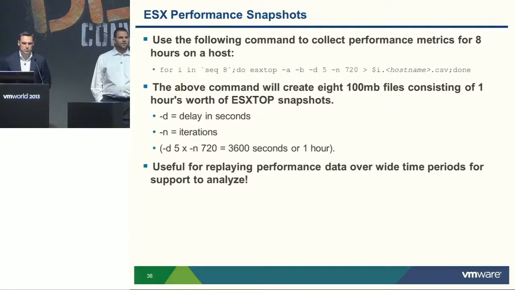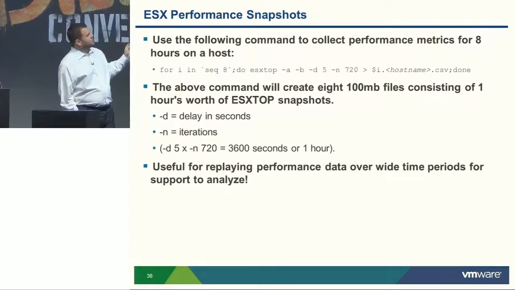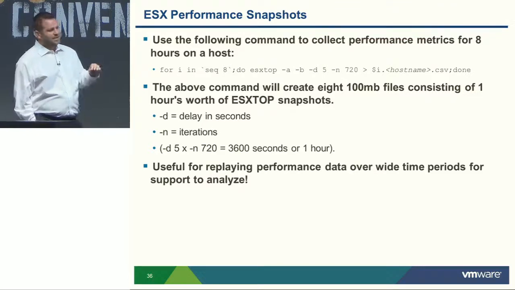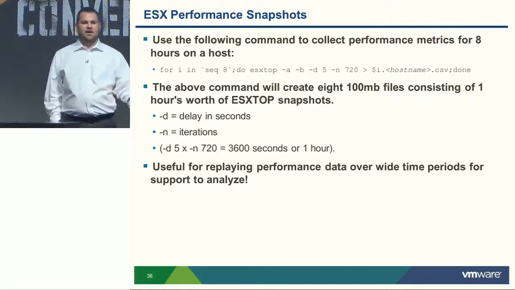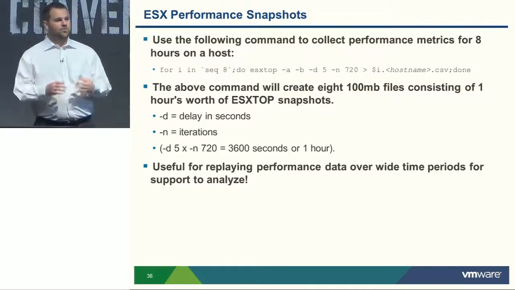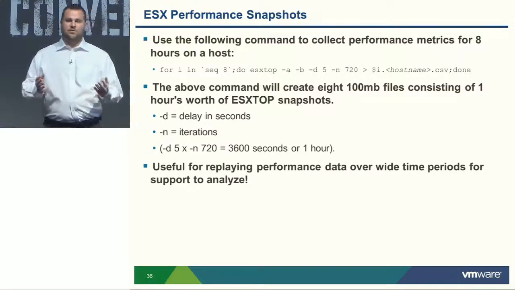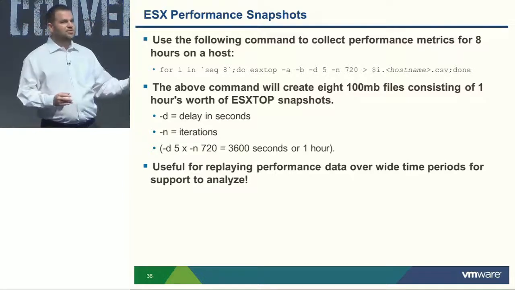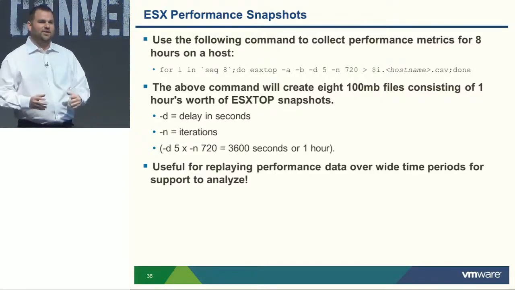So this is a query, an actual script that you can run in ESX. Something that I like to share with people is if you have performance issues at odd times, such as night, or you're a 24-hour company but your administrators are only 9 to 5, this is a great script that you can use to run performance snapshots on your ESX host.